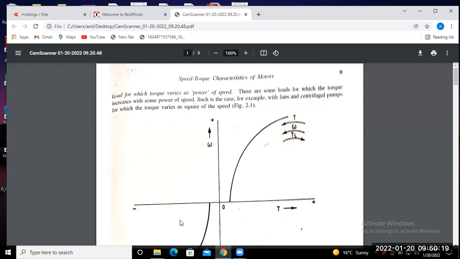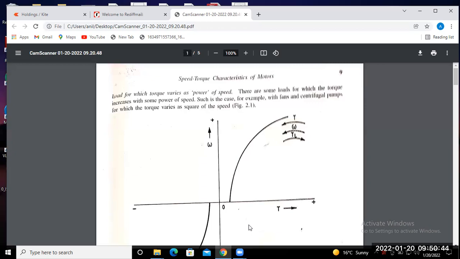Suppose we consider the characteristic in the third quadrant. That means torque as well as speed are in the opposite direction of the first convention, that means in the clockwise direction. And if you consider the fourth quadrant, that means torque is positive but speed is in the negative direction.